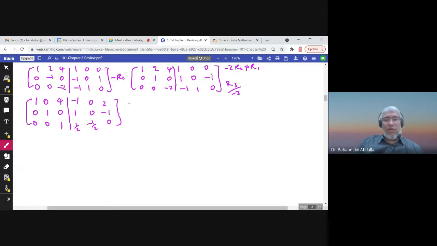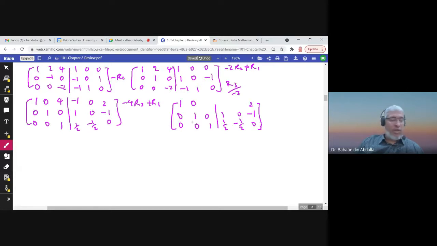So now the last step would be to make this 4 0. So negative 4R3 plus R1. There is no change in the last row or in the second. Okay, but the first row would be changed. So I'm using the third row. So 0 0, these two will not change it, and this is 0, so this will remain 2.